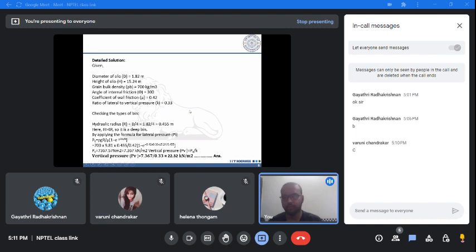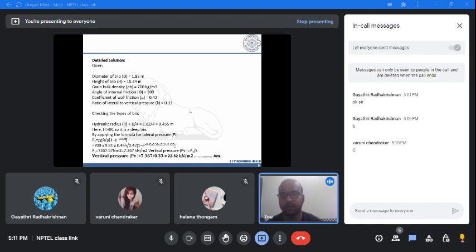Okay, so we need to know the detailed solution first before going to the answer. Diameter of silo is given as 1.82 meter. The height of the silo which is full with corn is 15.24 meter. Corn density has been given as 700 kg per meter cube.